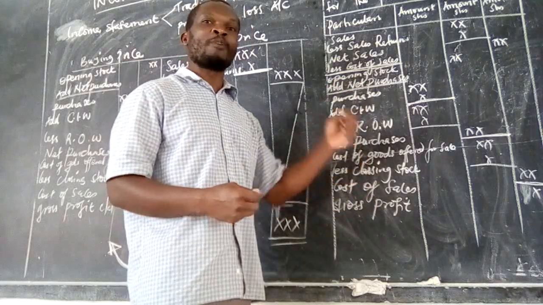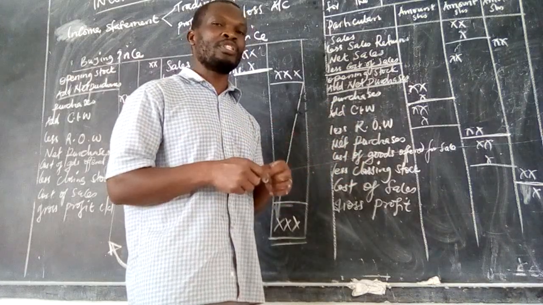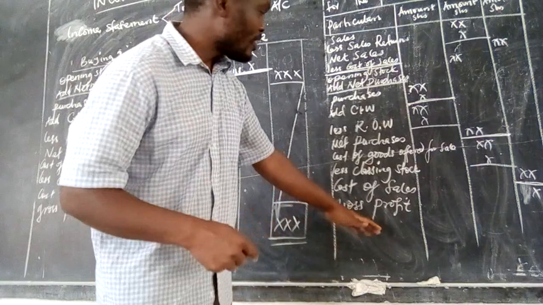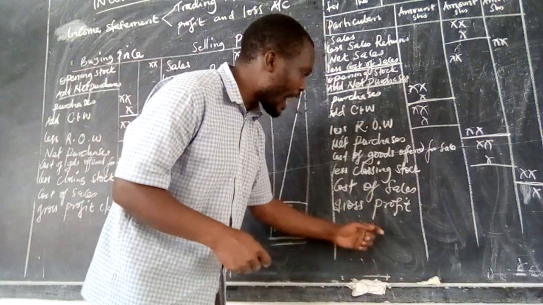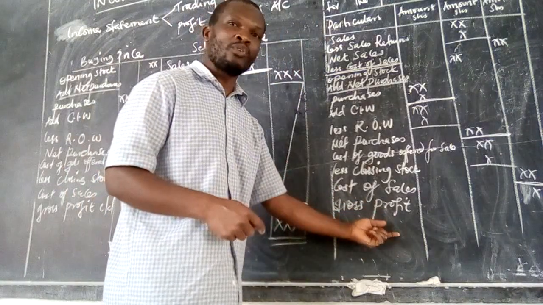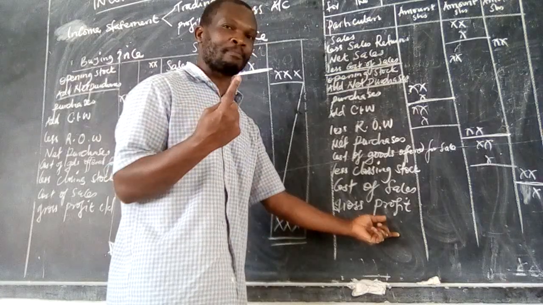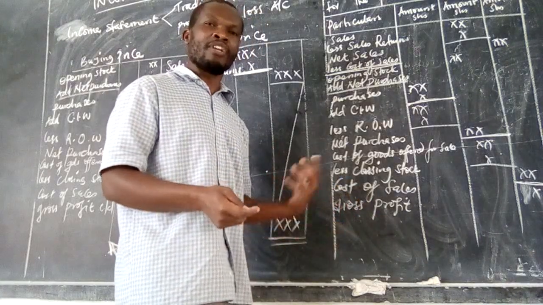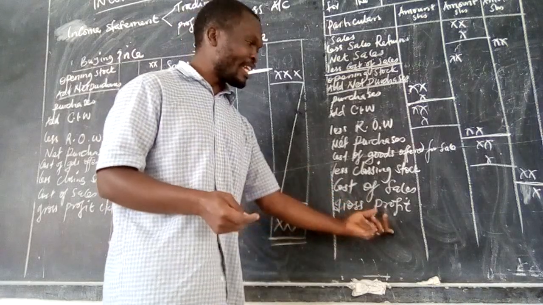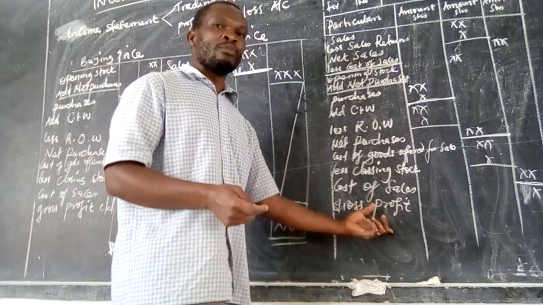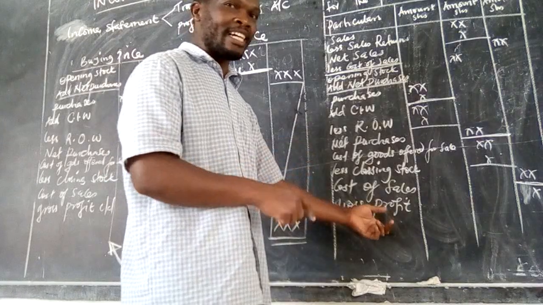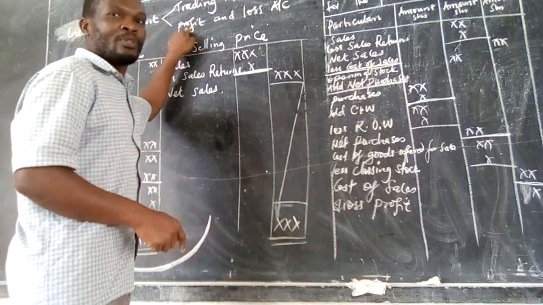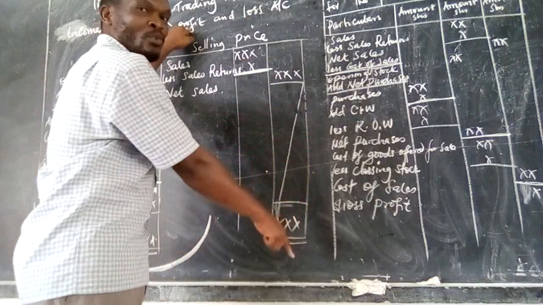But when it comes to determining the profit which is supposed to be paid to the entrepreneur, you just add other incomes on gross profit. The business may have rentals, rental income, so you add other incomes on this. The moment you start adding other incomes, you start preparing the profit and loss account, vertical downwards.